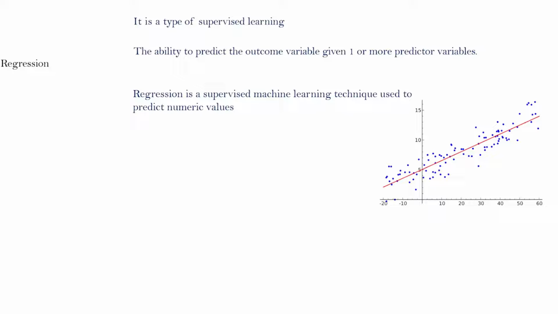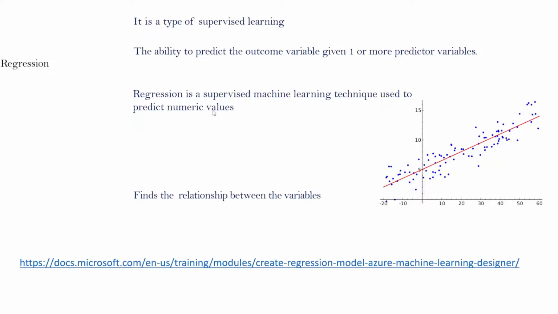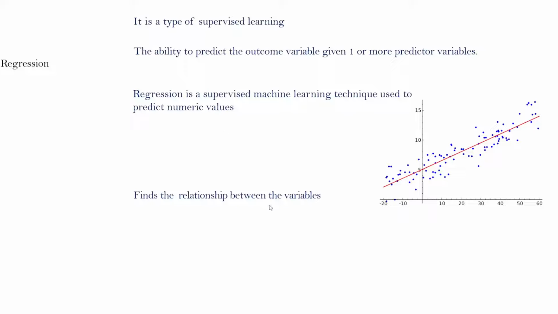Regression is a supervised machine learning technique used to predict numeric values. This line I have taken from the Microsoft Learning page, and it can be said that it finds the relationship between variables. You have given your variables here, and it tries to find a relationship, a correlation between those variables, and predicts over the data pattern.